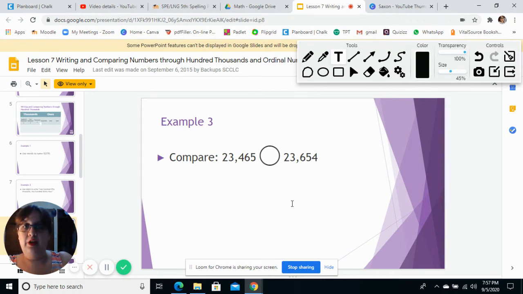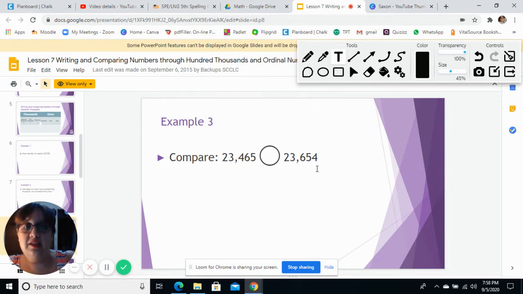Example 3. We're going to go back to using our greater than, less than, and equal sign. So we want to compare. Okay, so that's how we know that we're using those symbols. We're going to compare 23,465 to 23,654.